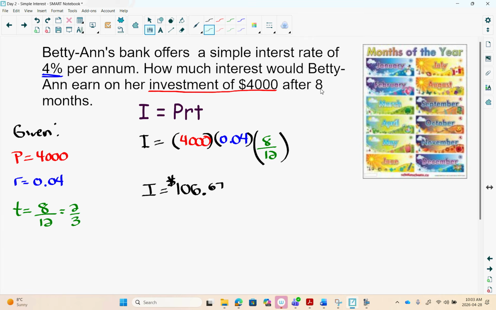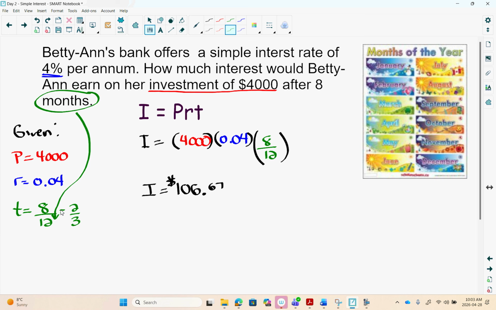And what do we take away from this? What are you going to do anytime it gives you months? Divided by 12. I don't care if you reduce the fraction or not. Like if it's 7 months, 7 over 12 is not going to reduce. But if it's 2/12, that would be 1/6.